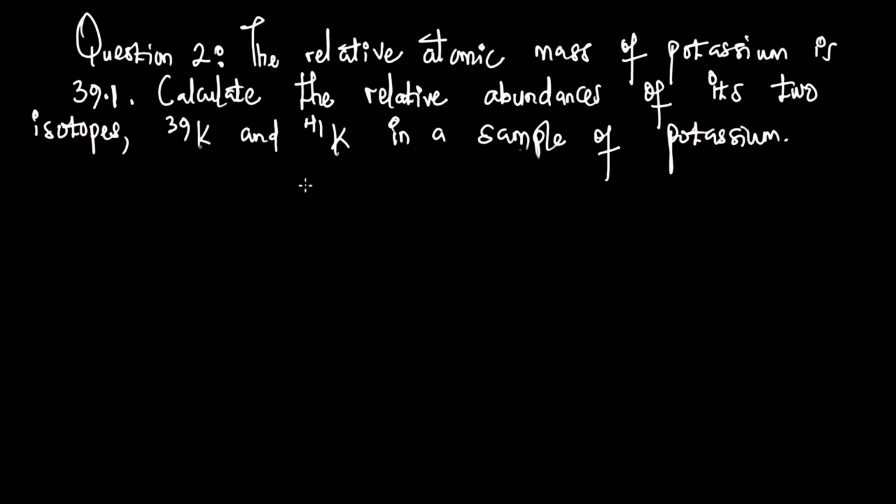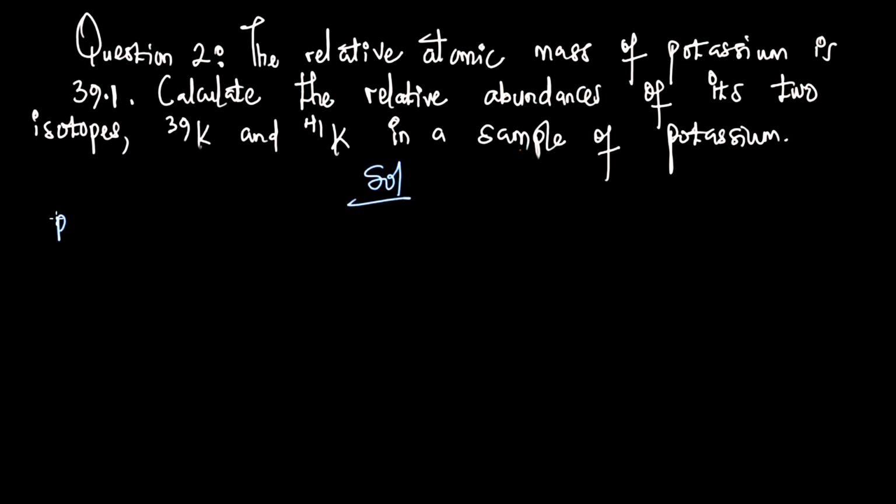Alright, so let's look at this question. The relative atomic mass of potassium is 39.1. Calculate the relative abundances of its two isotopes in a sample of potassium. So let's have our solution.